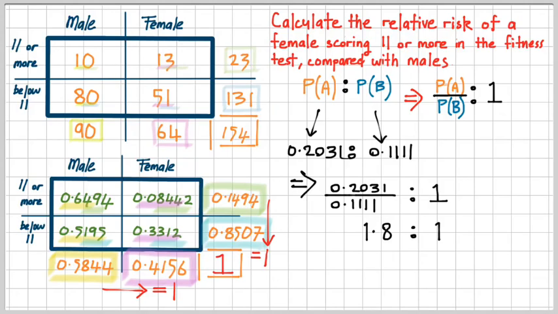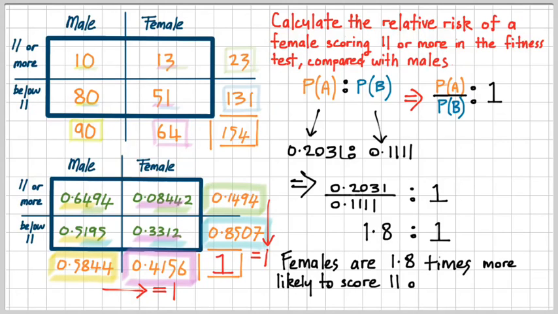So you may ask, which one is our relative risk? Well, it's going to be the 1.8. So in terms of the explanation of what that number means, let's quickly go through this.